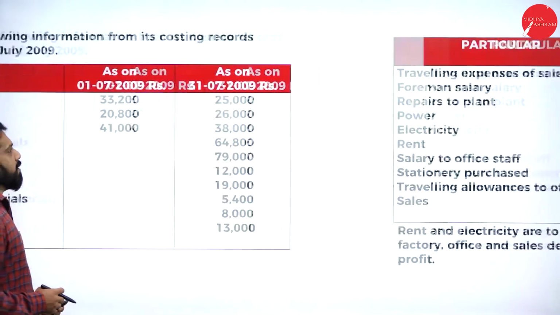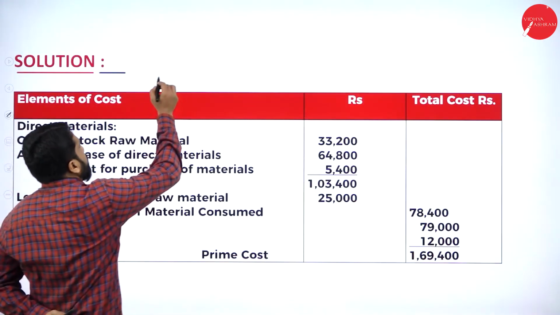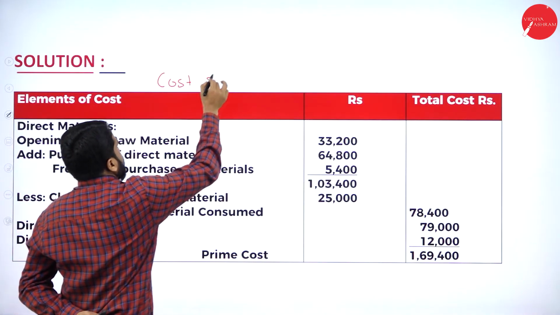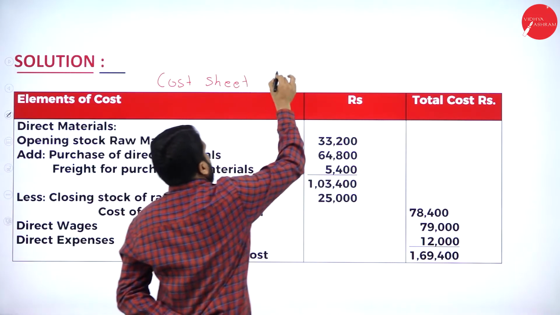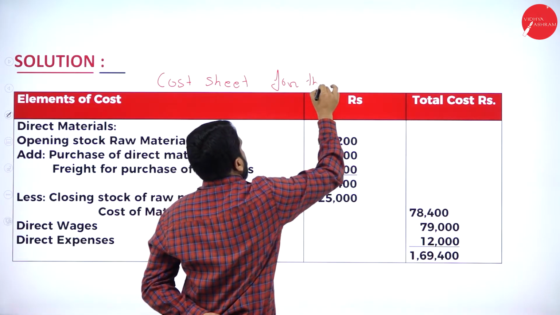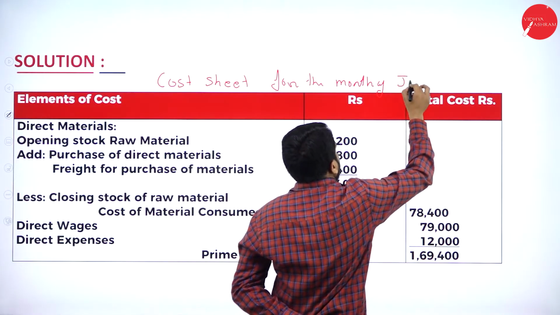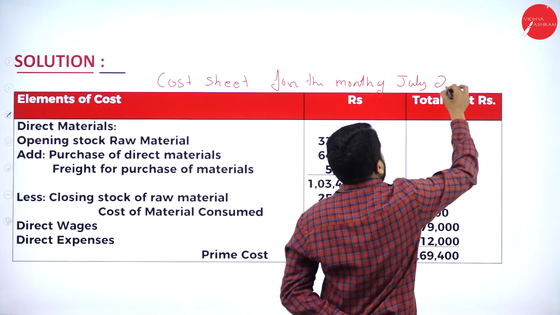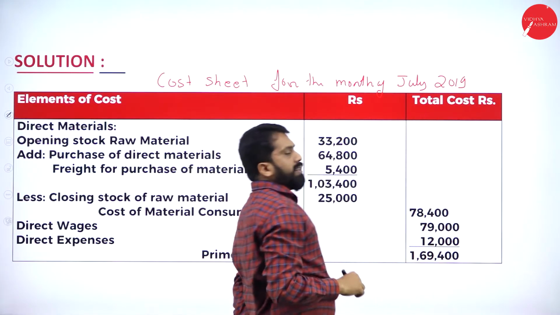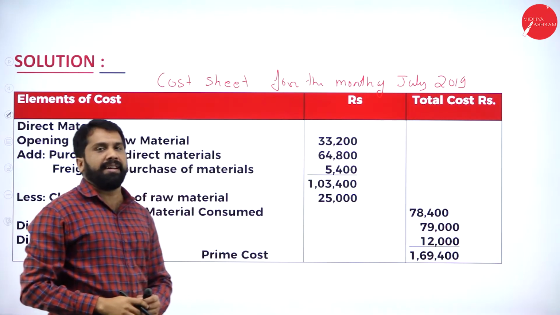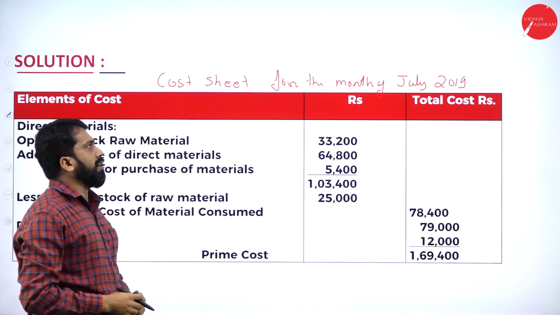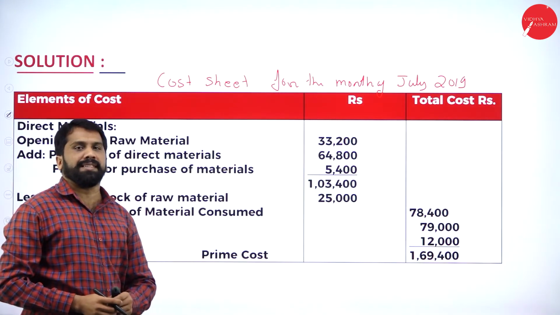Now, your answer must be cost sheet for the month of July 2019. This must be your heading. Cost sheet for the month of July 2019.